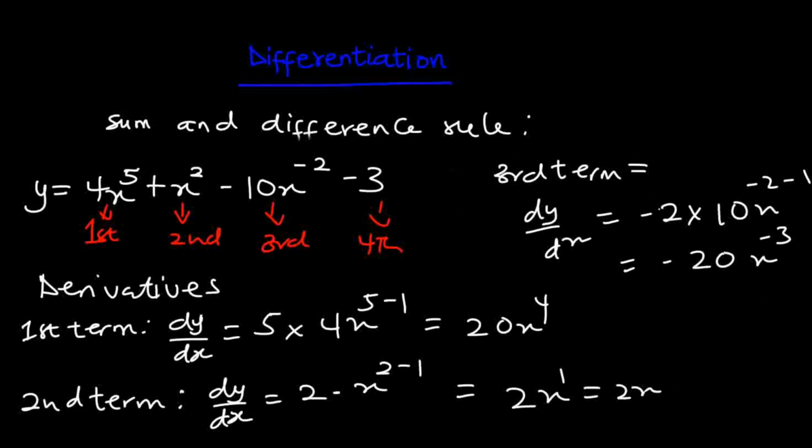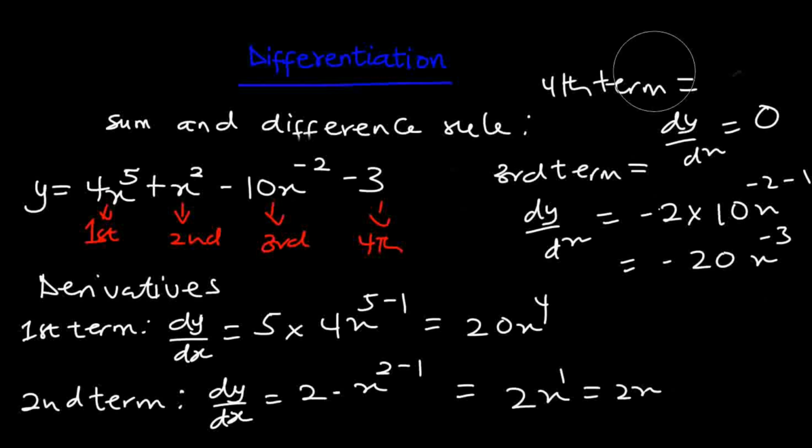Then we take the derivative of the fourth term, and this term is a constant. So the derivative will be 0. So dy over dx will be equal to 0. So from here we are going to add all the derivatives.